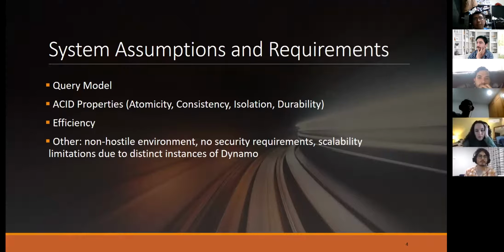So the assumptions and requirements for Dynamo are the query model, which means they just need the get and the put operations, and to have that available, as we already mentioned. And we have some properties on the screen. From those, consistency is the one that they are going to care about less. It will become consistent with time.